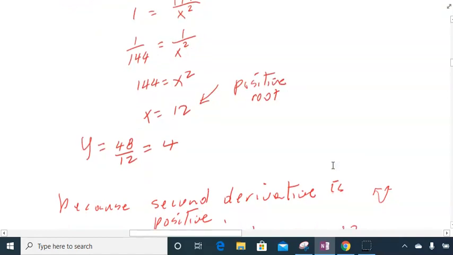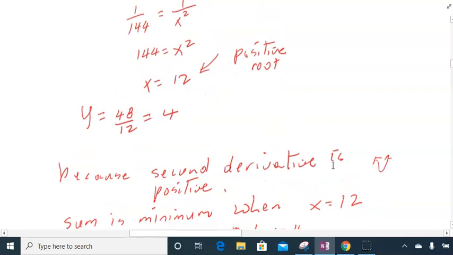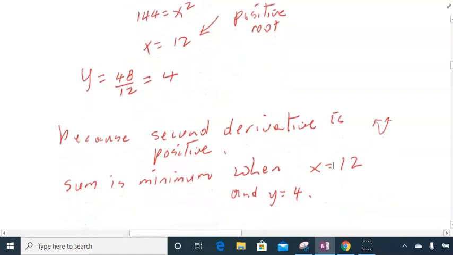Now how do we know if this is at a maximum or a minimum? We have to do another test, right? Let's do this second derivative test. We find the second derivative, and the second derivative is positive.